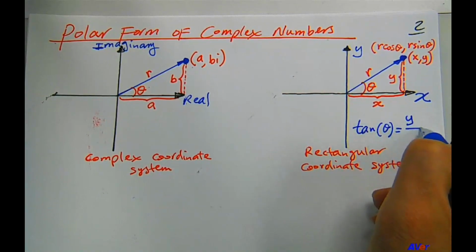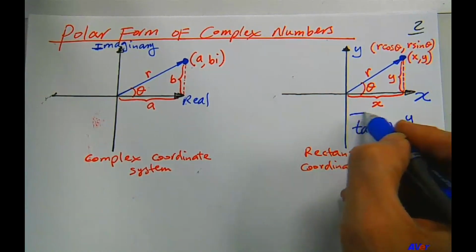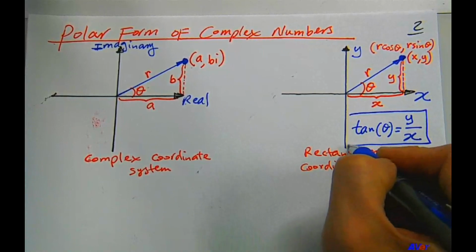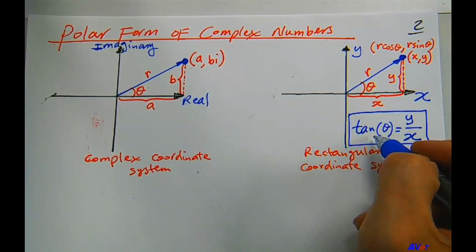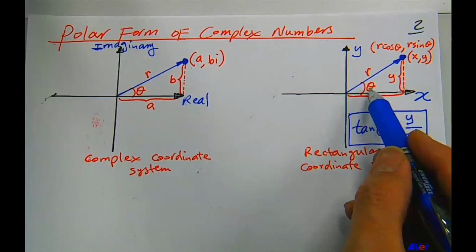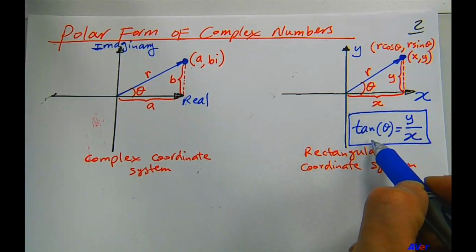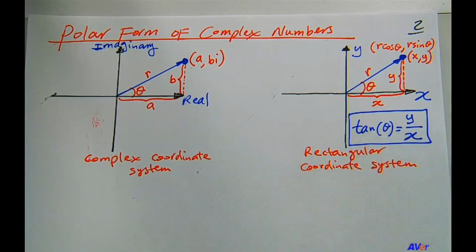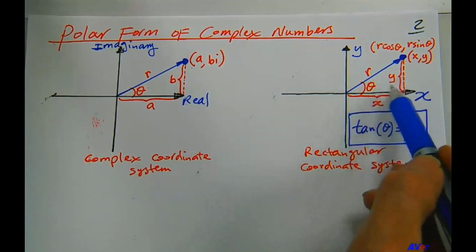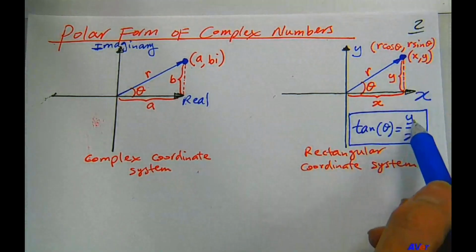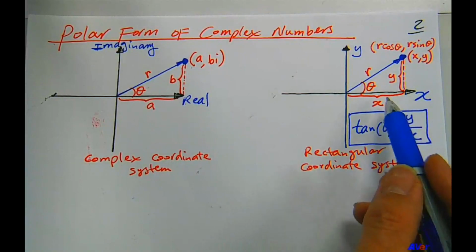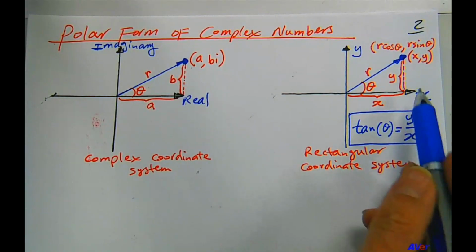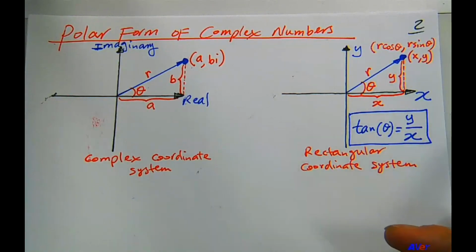So y divided by x. Or you could say tangent theta is equal to sine of theta divided by cosine of theta. But of course, that relationship will be useful in some other setting. In this setting, given the right triangle we have, it's better to write it not as sine divided by cosine, but as y divided by x.